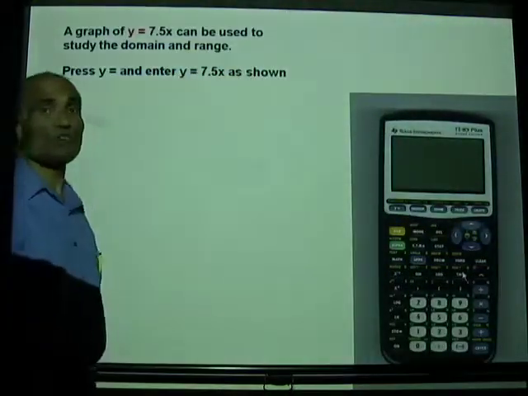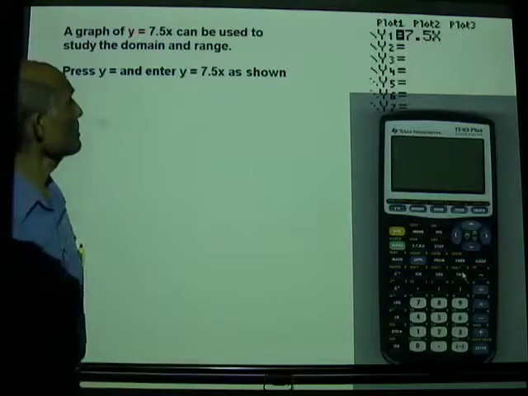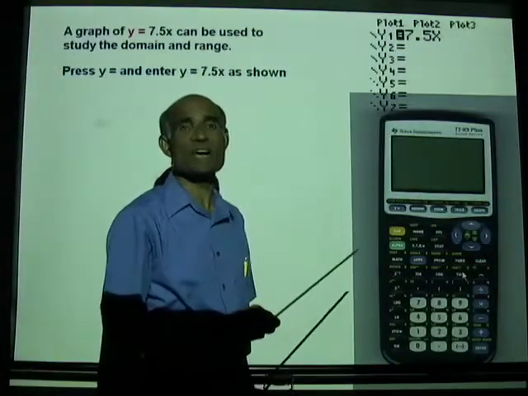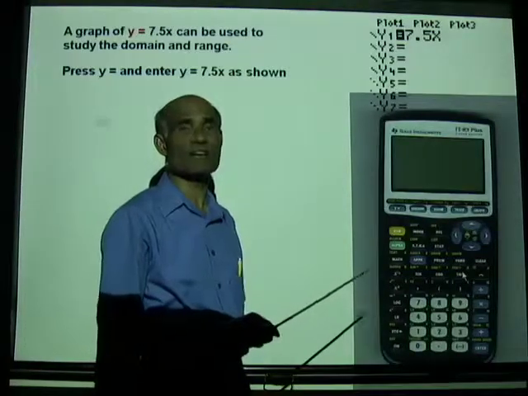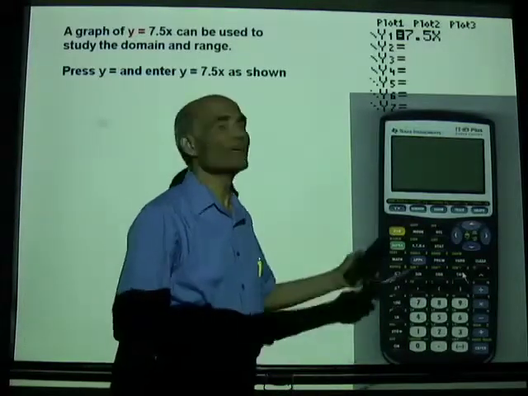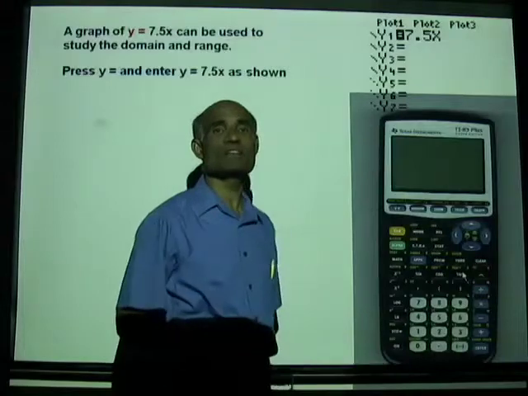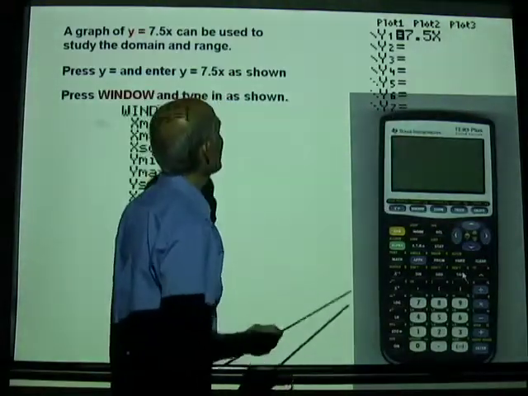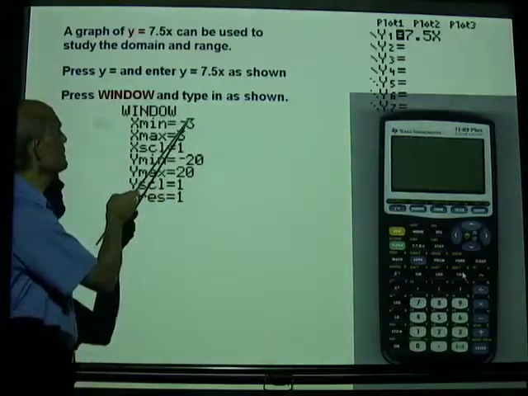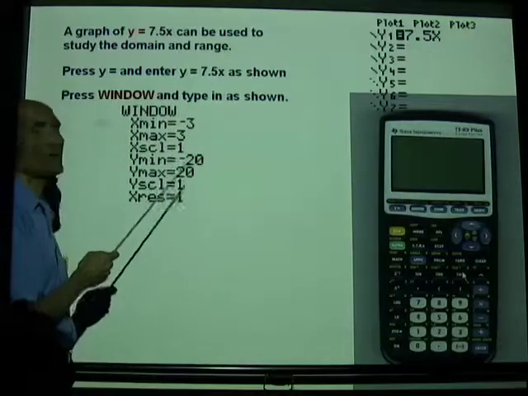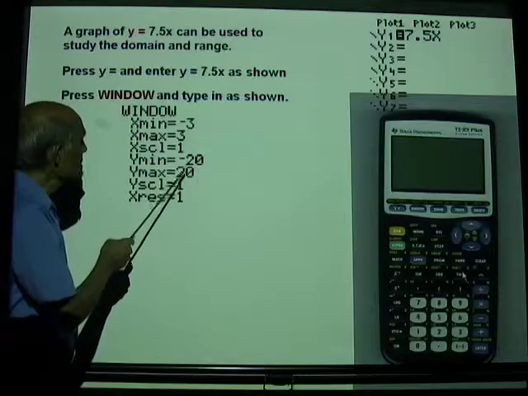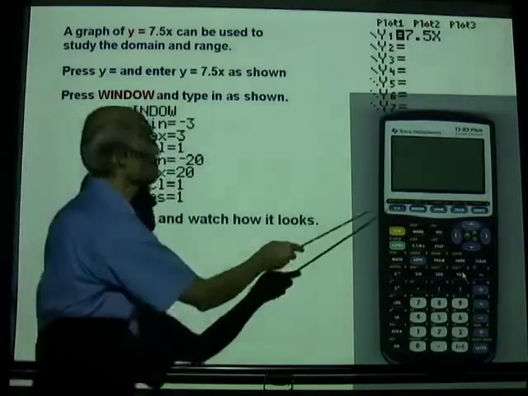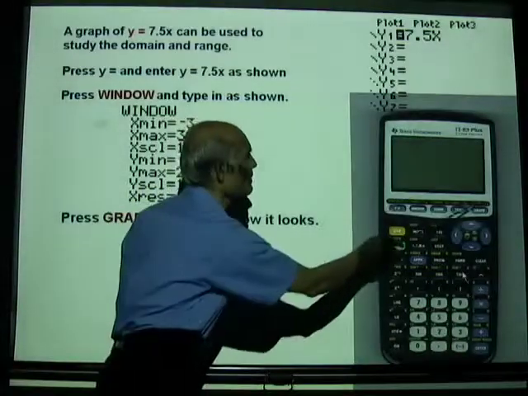Now, how do we draw the graph of that? It's very simple. Go to y equal to on your TI-84 or TI-83 calculator. We will be using a TI-84 or TI-83 calculator, and put in 7.5x and use this window. X minimum -3, x maximum 3, y minimum -20, y maximum 20, and press graph over here.